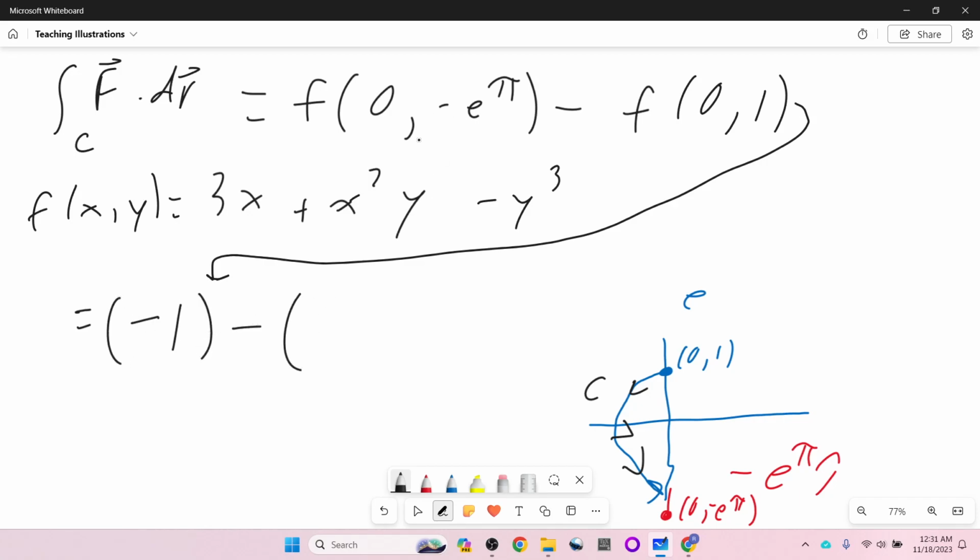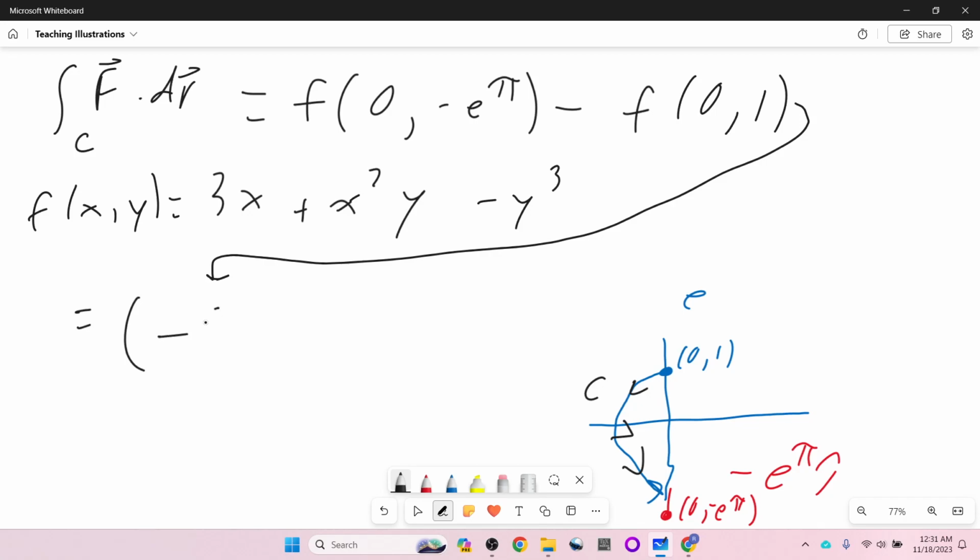So this would equal, let's see, plug in 0 for x and 1 for y. I did it backwards, didn't I? Sorry. Okay, so let's try that again. Plug in 0 for x, so those first two terms disappear.